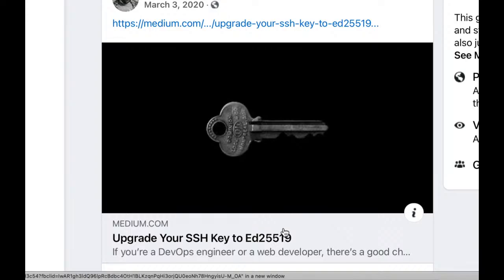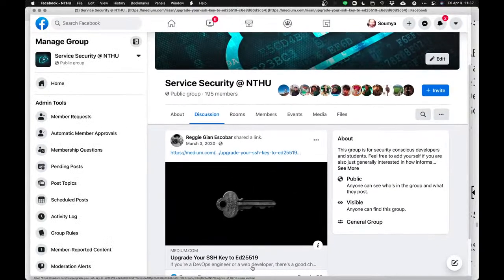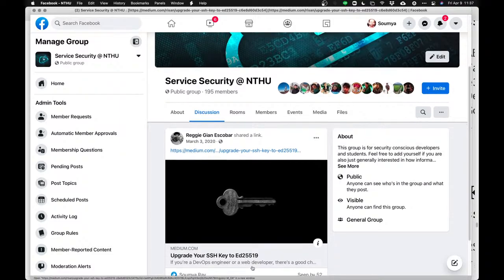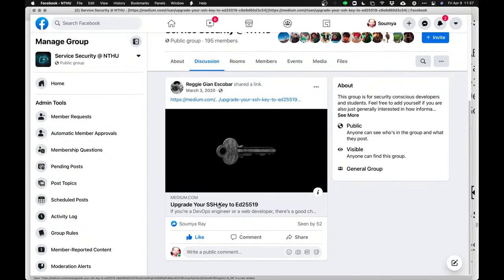And we are suggesting you move to, does that look familiar? Back to our elliptic curve 25519 cipher. So you can just search that group for ed25519 if you want to find out how to upgrade your keys. It would basically generate new keys for you, and you would have to distribute it to GitHub and whoever else has your SSH public key.